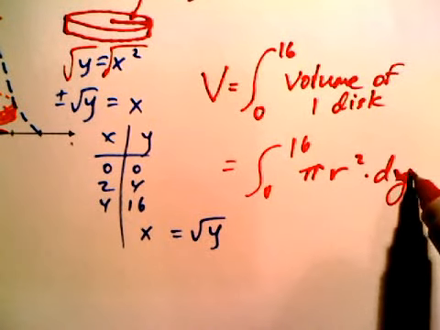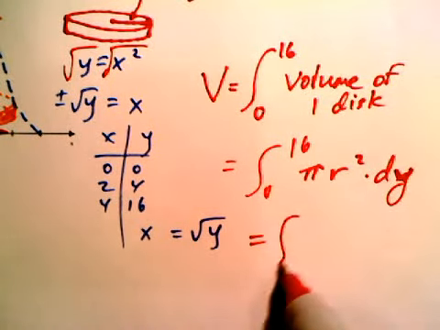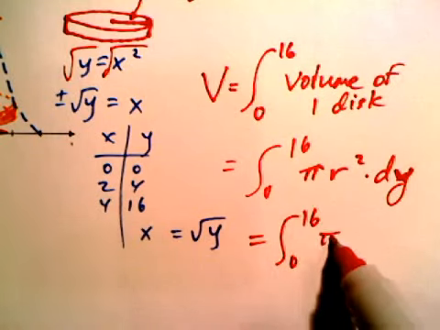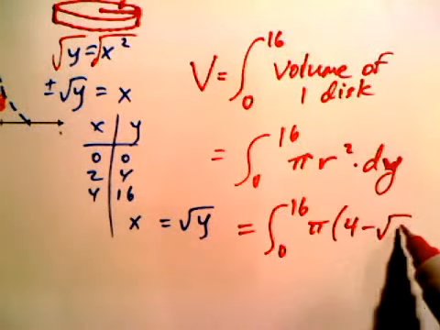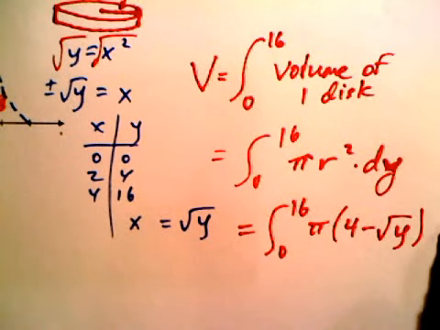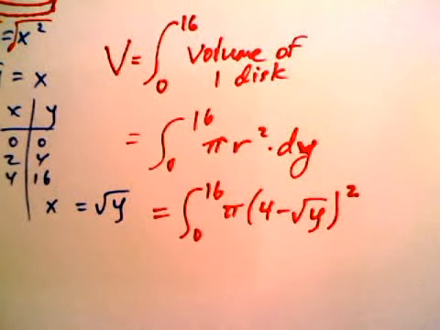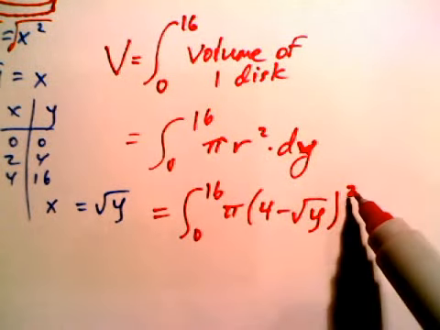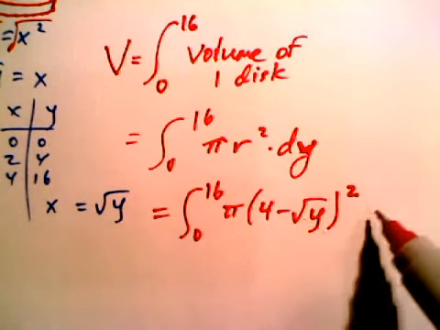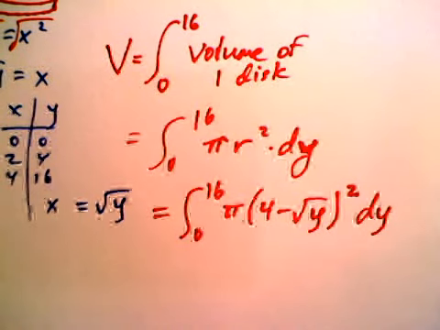Oops, sorry, the dy. And we get 0 to 16 pi times, what's the radius? That's 4 minus the square root of y, squared. That's another one that I always forget unless I'm really concentrating. It's easy to do. Pi r squared. So make sure you put that squared on there, and then you get your dy.